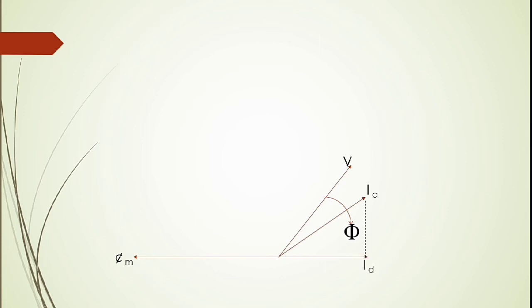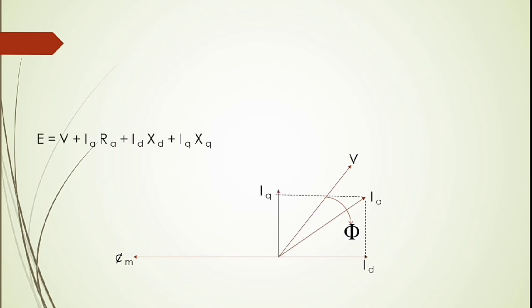So in this case, as we know, this is the structure of the salient pole. So we will have to derive where the d axis is and where the q axis is. So we decompose IA into two parts, ID and IQ.